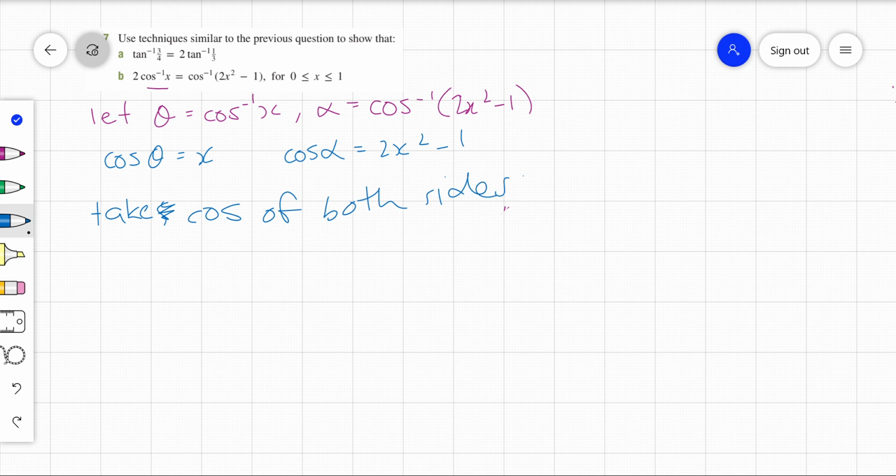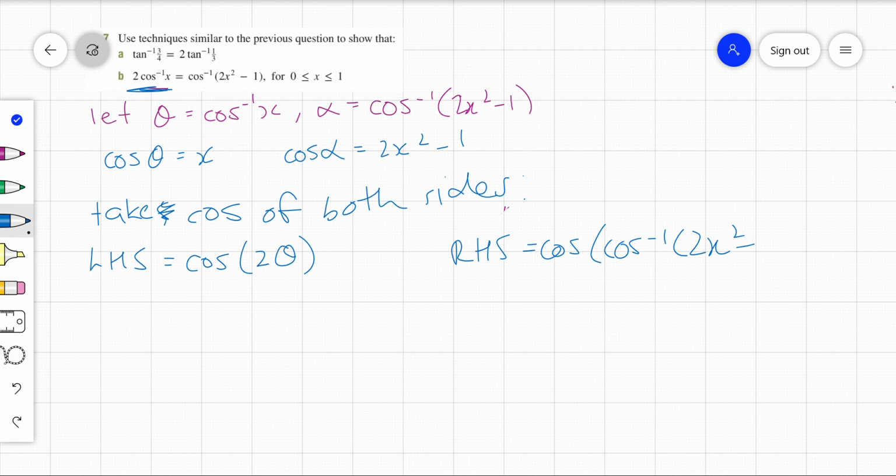So if I start at the left-hand side, I've got cos of 2 thetas. And if I start on the right hand side, I've got cos of inverse cos of 2x squared minus 1, which we know is 2x squared minus 1. So that's what I'm looking to get.